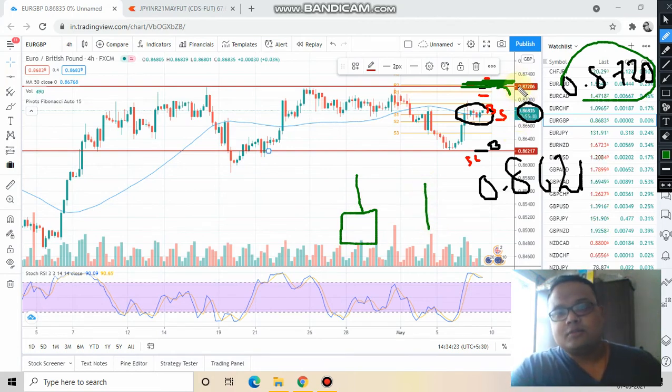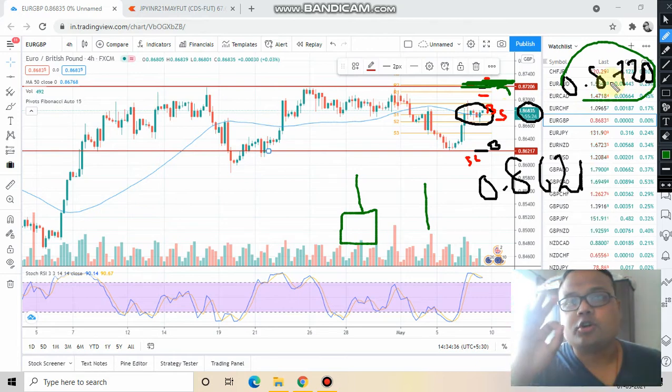Then you can short the market just below 0.8720. This is your ideal position to short the market.